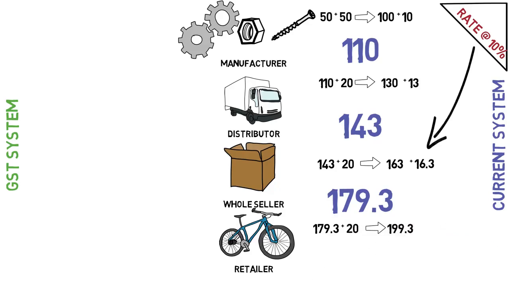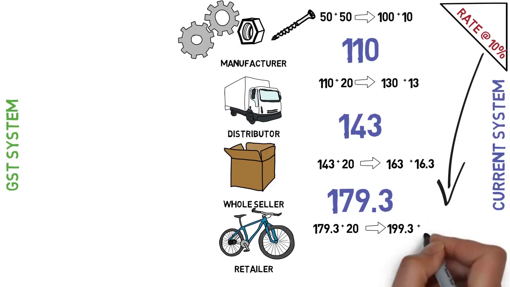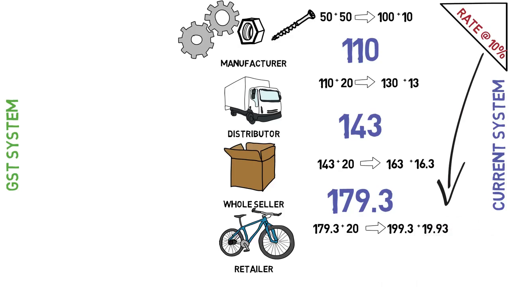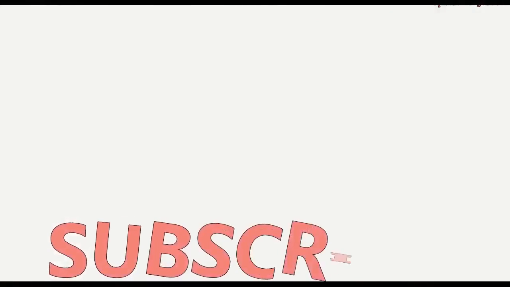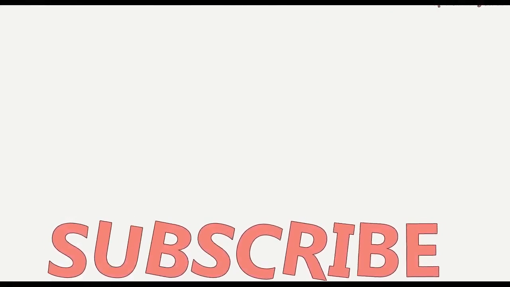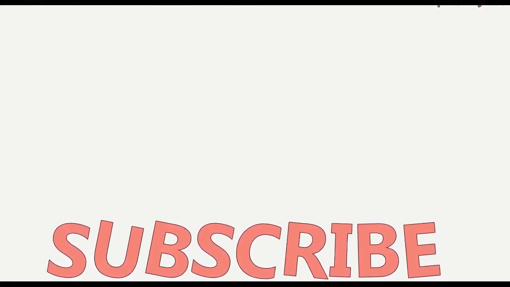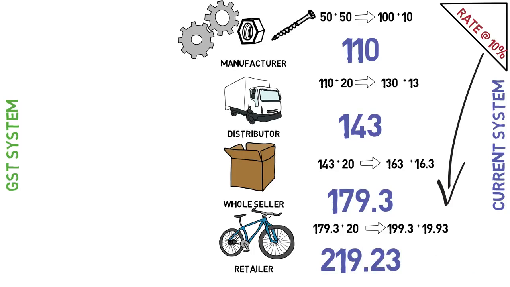The consumer buys this product from the retailer by paying 10% tax on 199.3, that is 19.93 rupees. So the final consumer price is 219.23. This is how the current taxation system works in India.